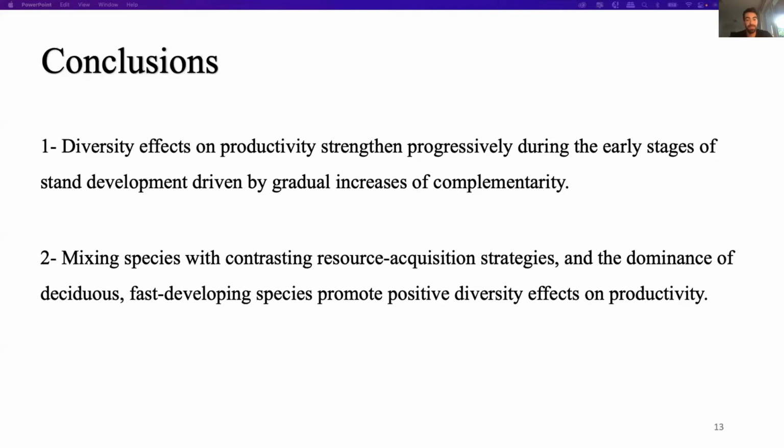Moreover, our study highlights that mixture performance relative to the respective monocultures is affected by both functional diversity and identity. We saw that mixing species with contrasting resource use strategies and the dominance of deciduous, fast-developing species promote this positive diversity effect on productivity.